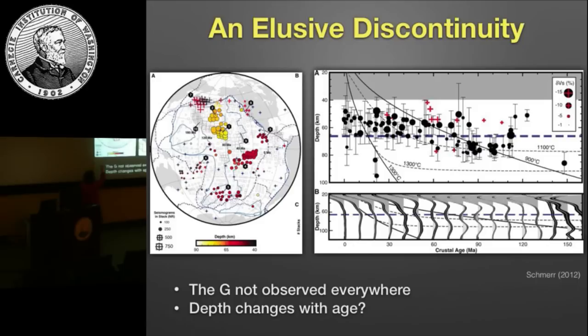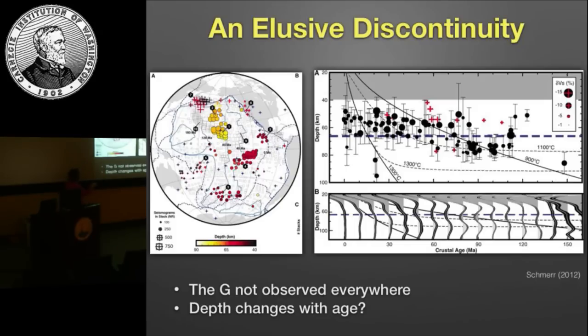I don't know if you can see from where you are, but all the gray symbols that you see here are places where you looked for it but couldn't detect it for sure. There are only a few places shown by the colored symbols where the Gutenberg discontinuity was detected. And again, this was stronger near upwellings like Hawaii or closer to the ridge.